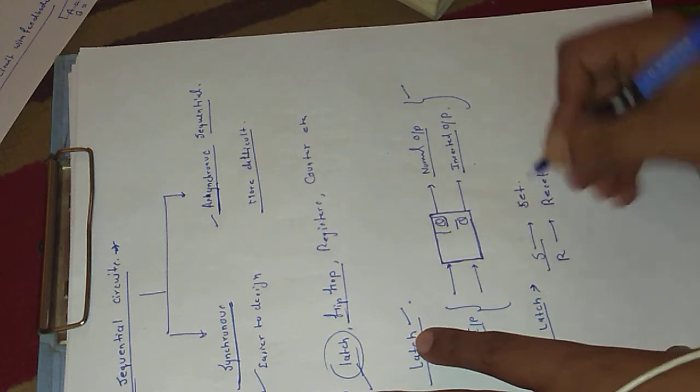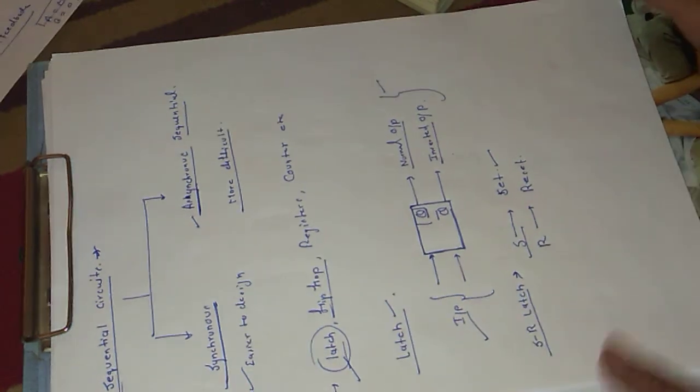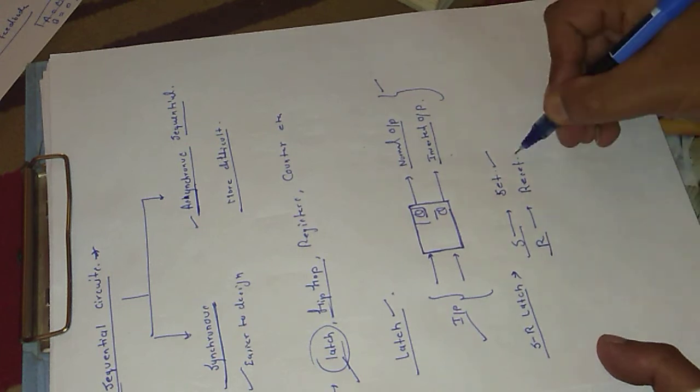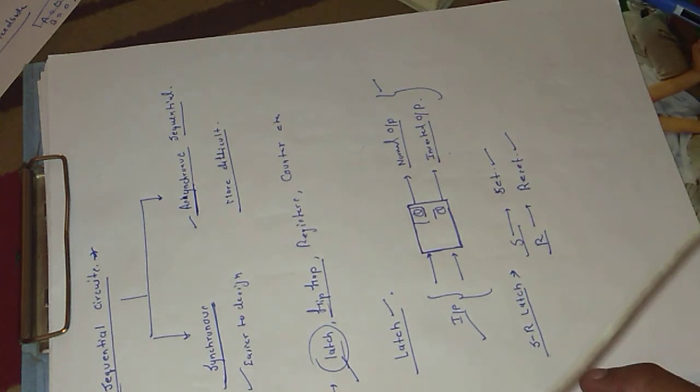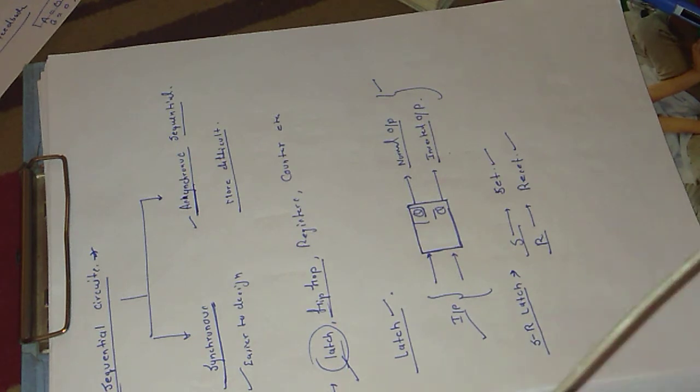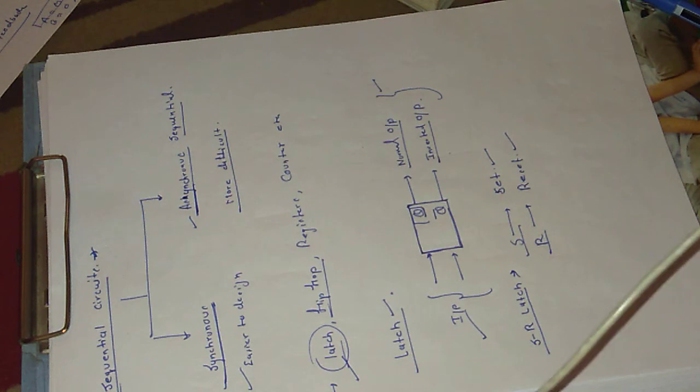The S here is assigned for set and R for reset. That's why the latch is known as an SR latch. We can also say that the simplest type of flip-flop is also called an SR latch.